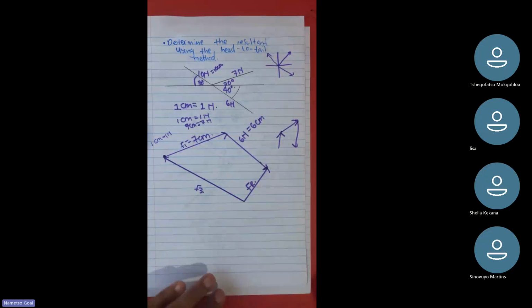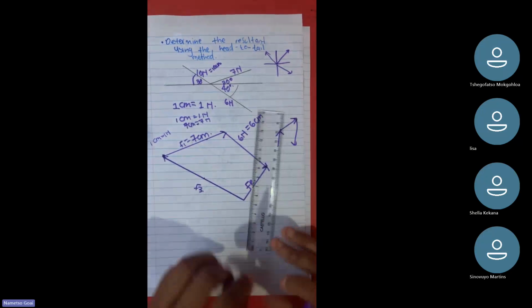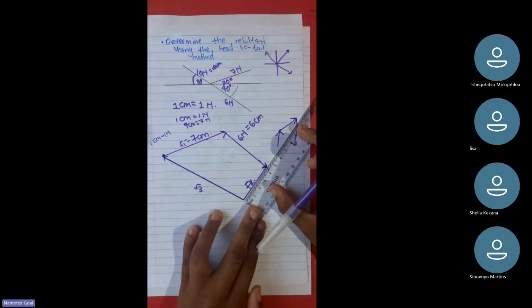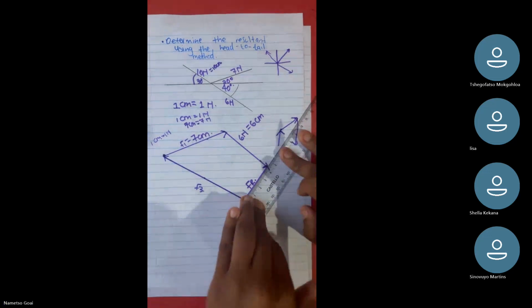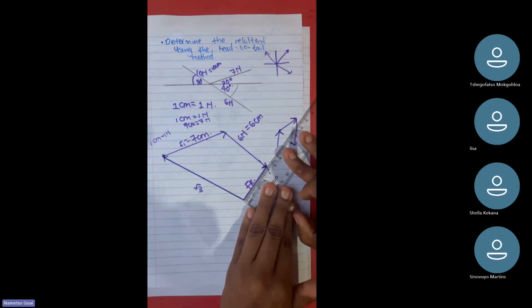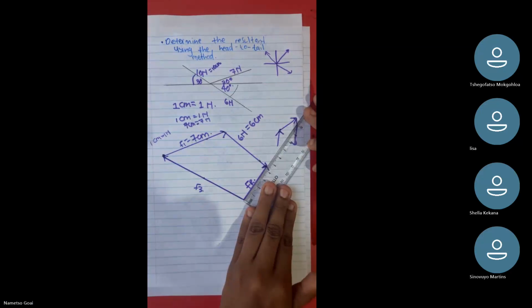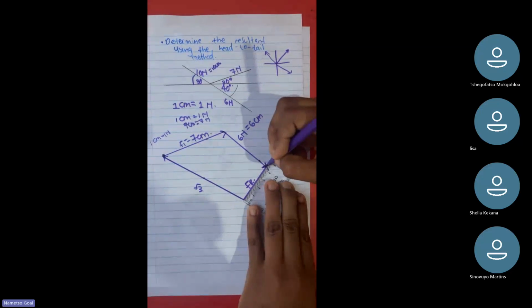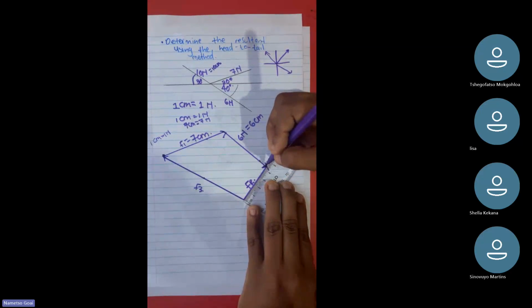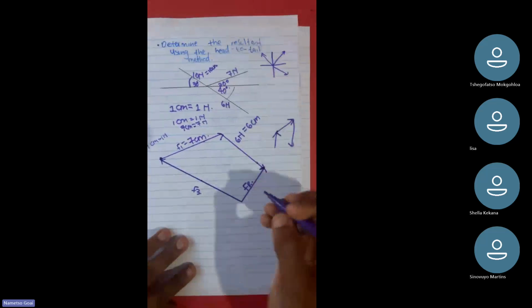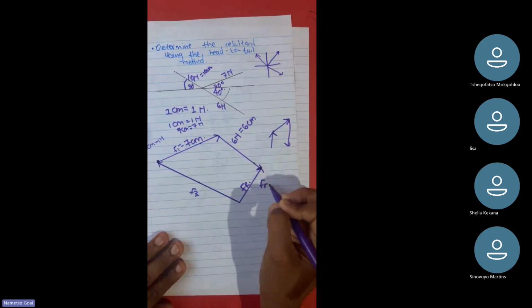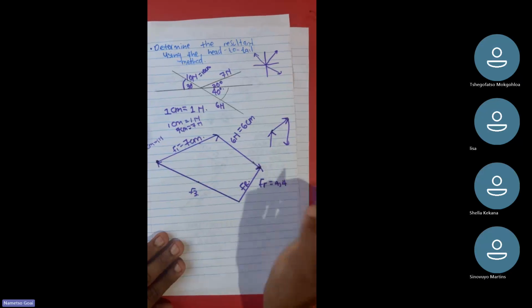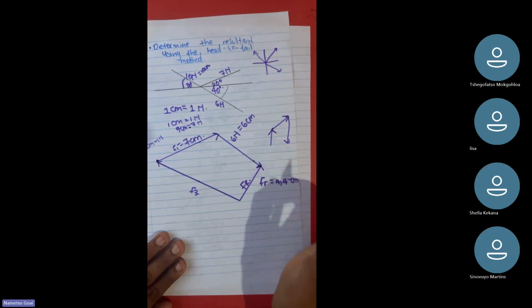What did we say? In order to find the magnitude of the FR, you simply have to use your ruler. This FR, when you measure it, is giving me 4.4 in what? In centimeters.